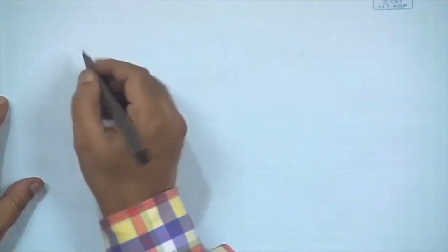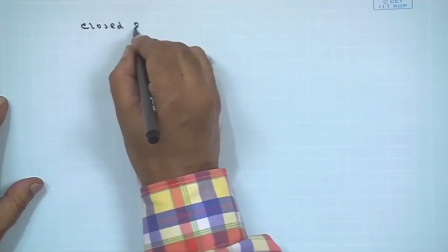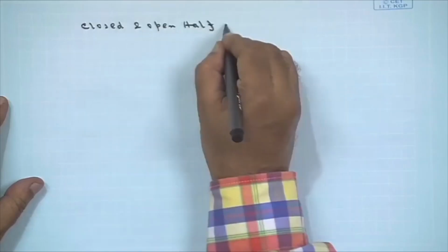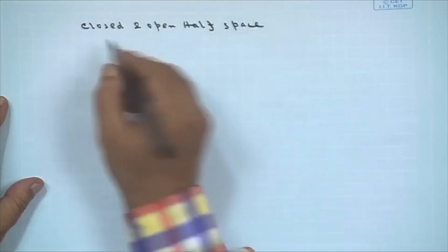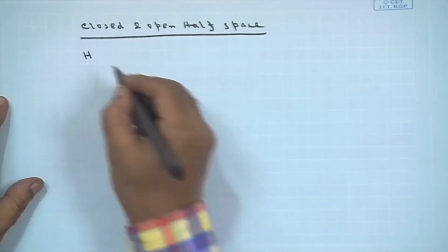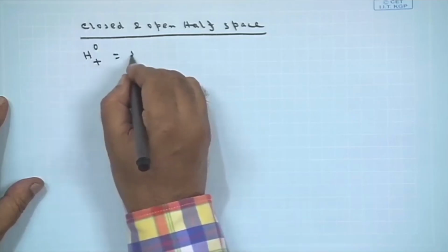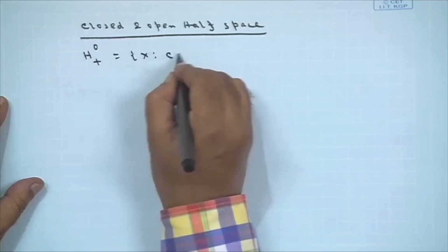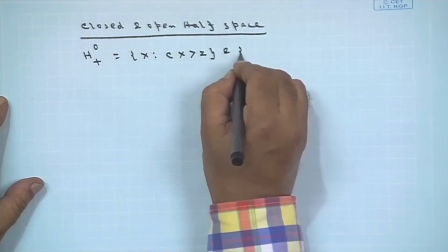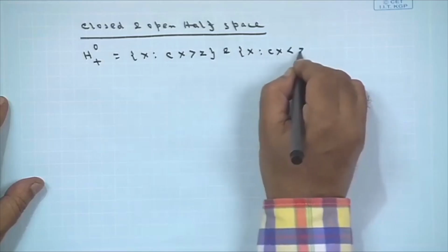Next one is closed and open half space. I am denoting it like this. This means open: x such that c x greater than z and x such that c x less than z.